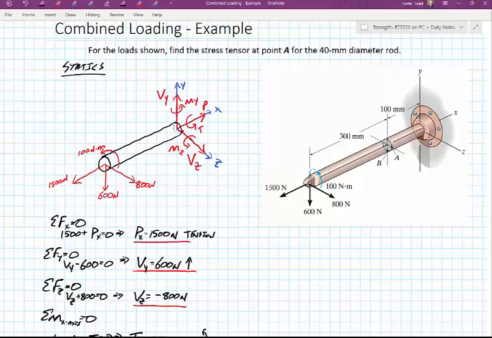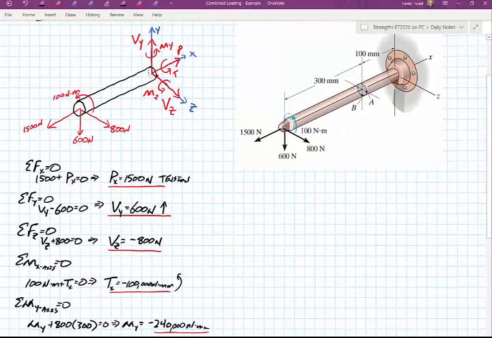From the sum of the moments about the x-axis, that's where I get that torque. And I have a torque of 100 newton meters. And I converted that into newton millimeters, since we're going to be working in newtons and millimeters throughout. And notice I did put a negative, meaning just based on the sign convention. Actually, I take it back.